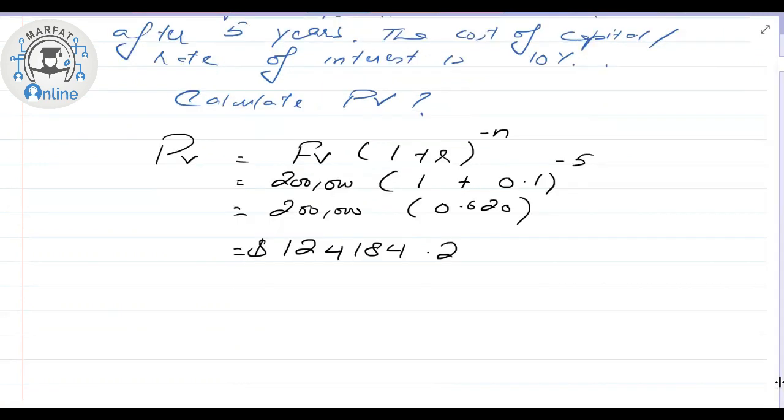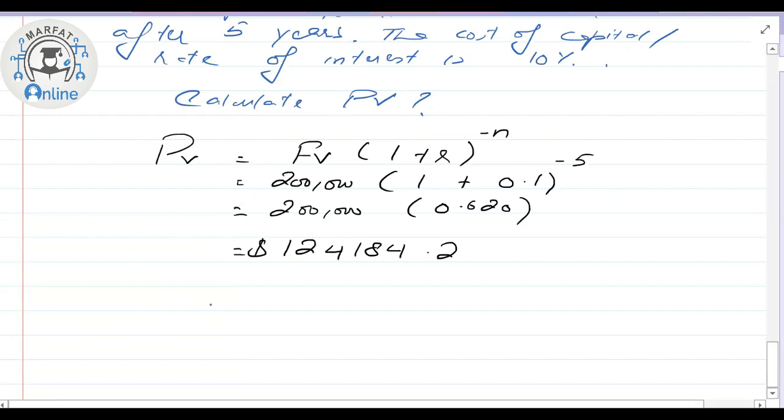That means the present value of the $200,000 which will be spent after 5 years is 124,184.2. So this is the present value today.